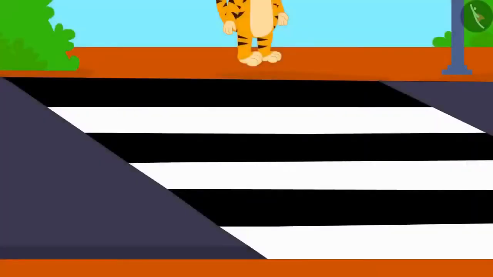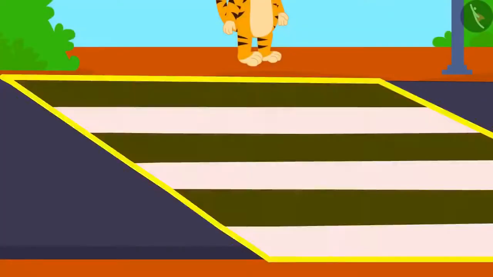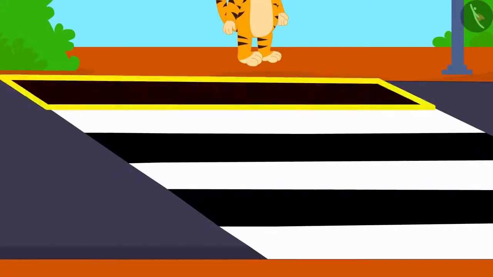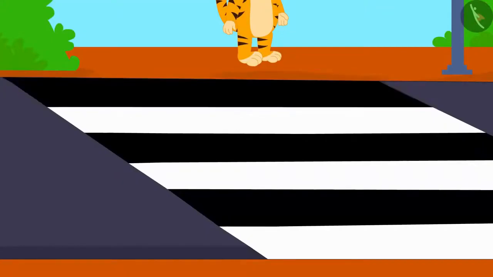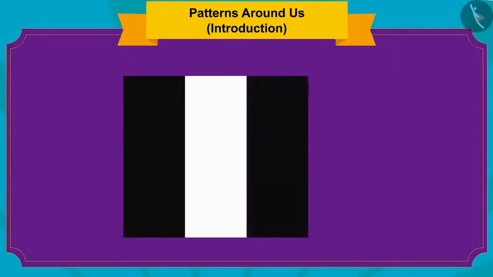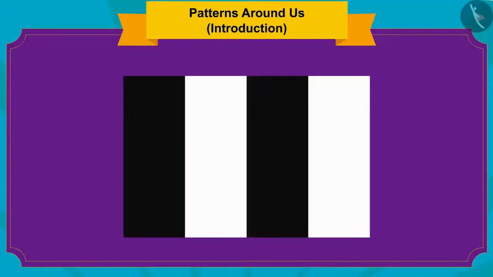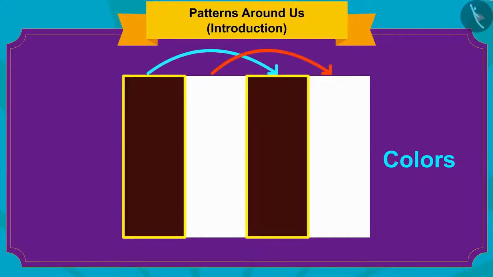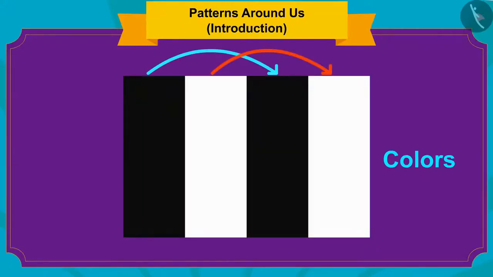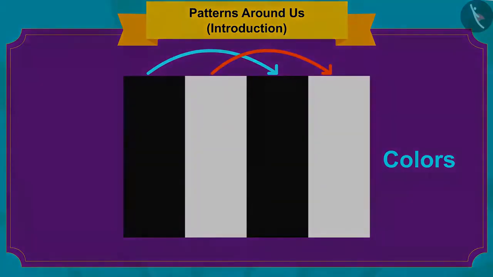For example, here there is one black band at the zebra crossing and then the other one is a white band, and these are repeating to form the colors of the strips in this way. This is an example of a pattern in which colors are being repeated according to a rule.